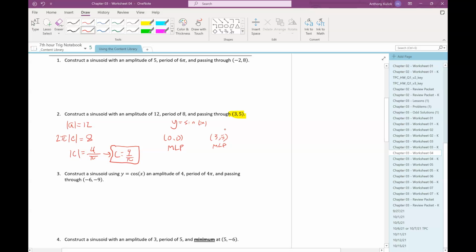Now keep in mind when we're doing this transformation, I have to pair up a midline point with another midline point. Or a maximum or minimum has to pair with a maximum or minimum. Now max can pair with min and min can pair with max, or they can pair together. That's okay, but an extreme point, a high or low, has to pair with another high or low.